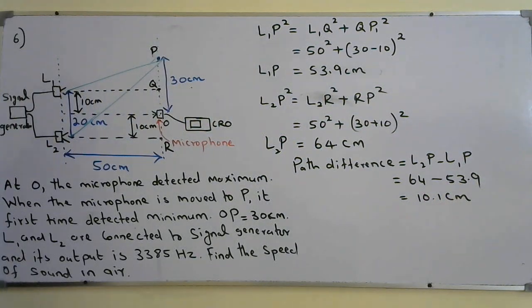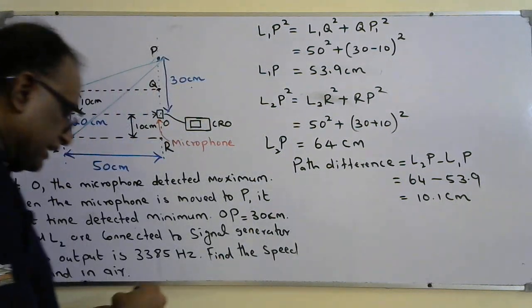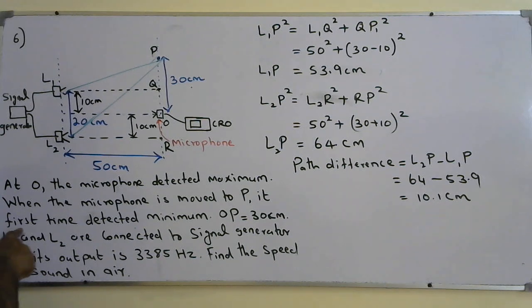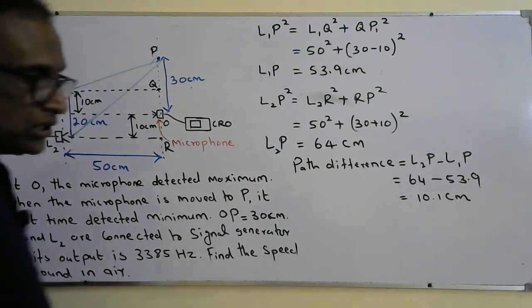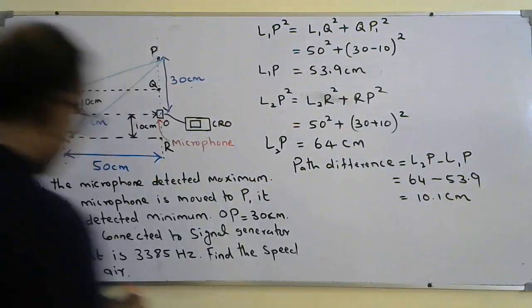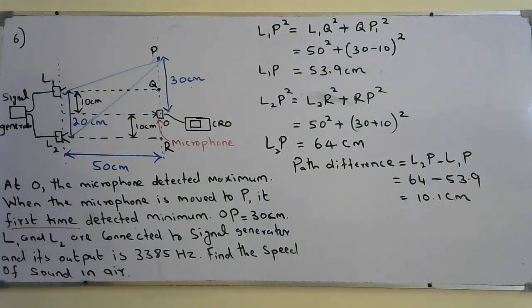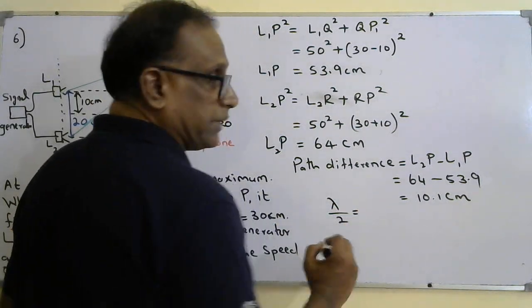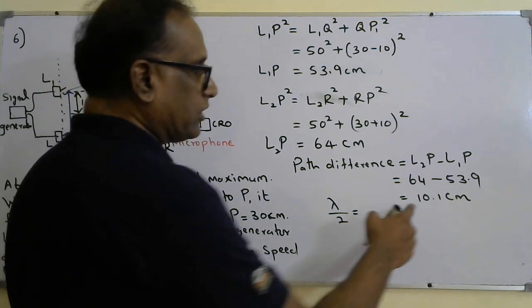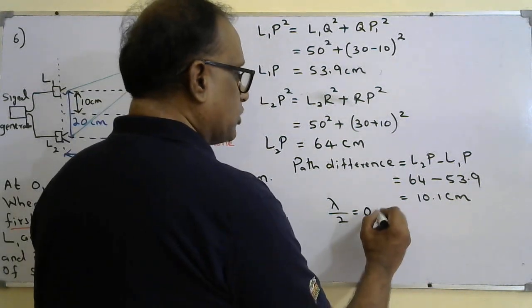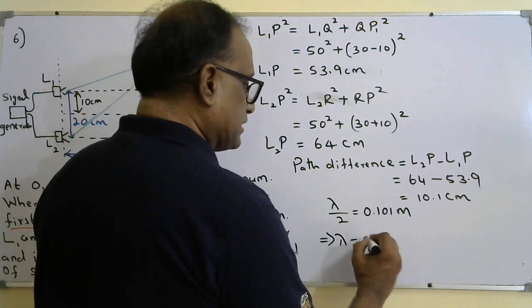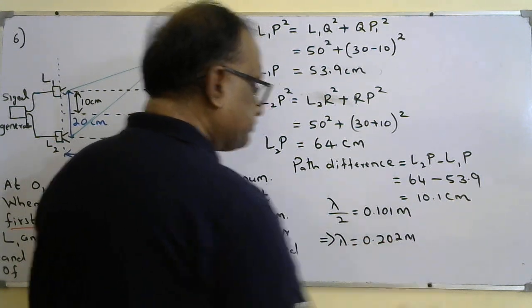So we are getting the first minimum. The words first time are used, so the path difference is lambda by 2. So lambda by 2 is equal to 10.1 centimeter or 0.101 meter. From this, find lambda, that is 0.202 meter.